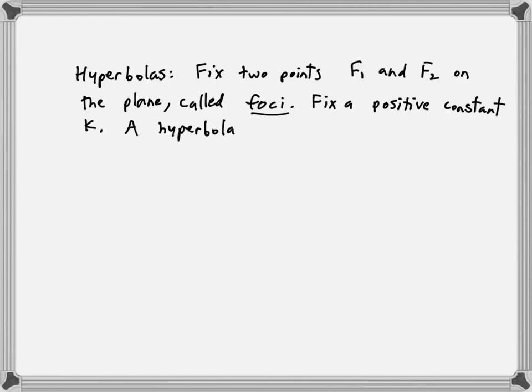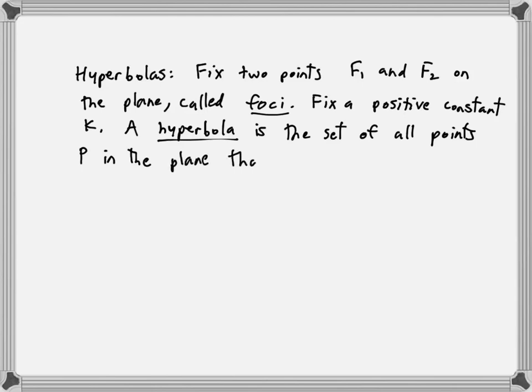A hyperbola is the set of all points P in the plane that satisfy the following property. The distance from P to F1 minus the distance from P to F2 is equal to K.